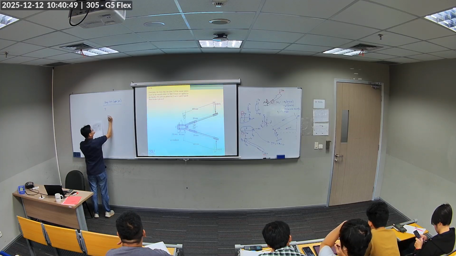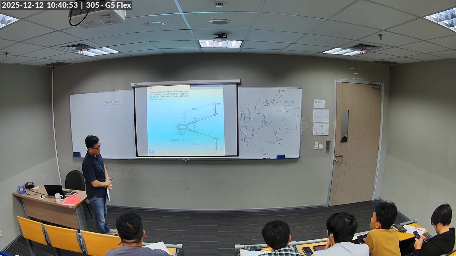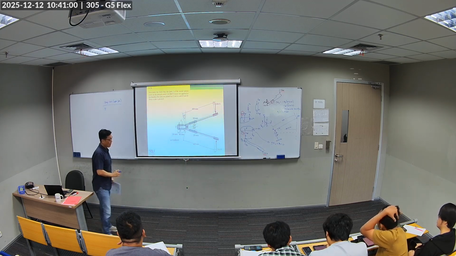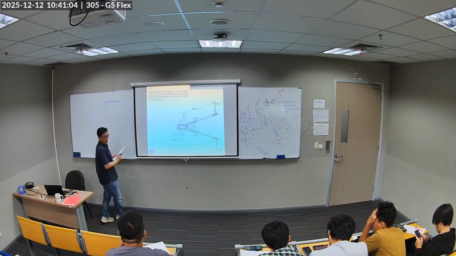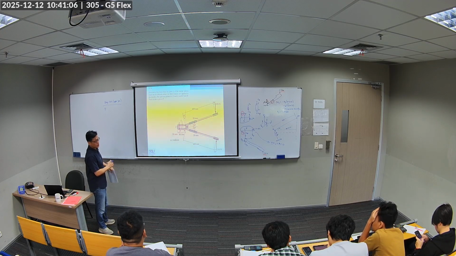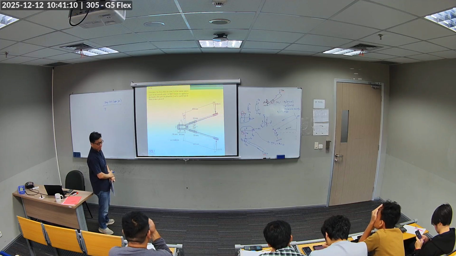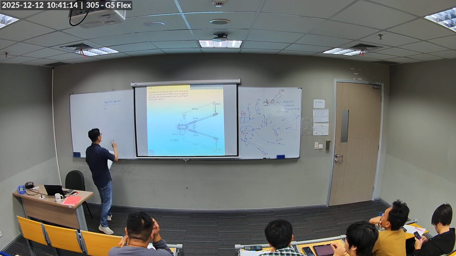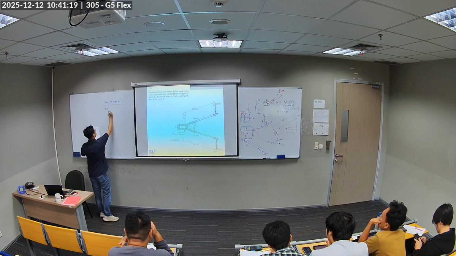So I know AX and AY. I want CY on this body. Sum of force in the Y, but I don't know FDE. Right? If I want to get around that, I do a sum of moment at E.